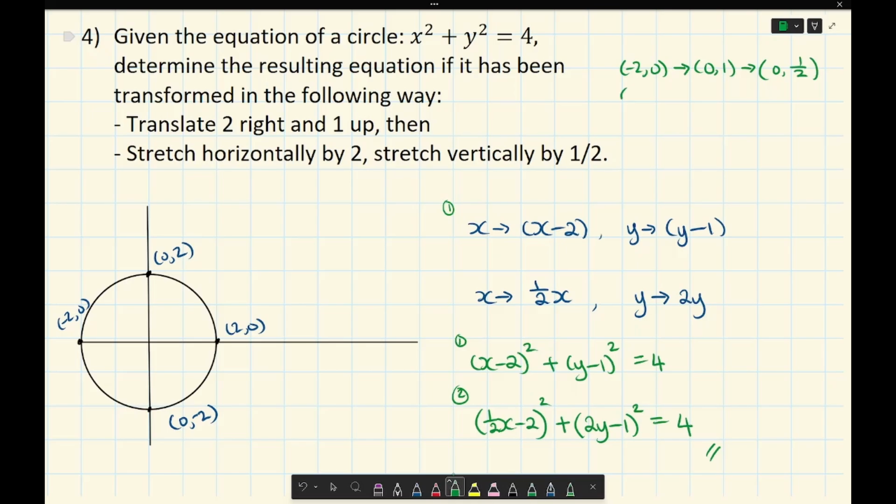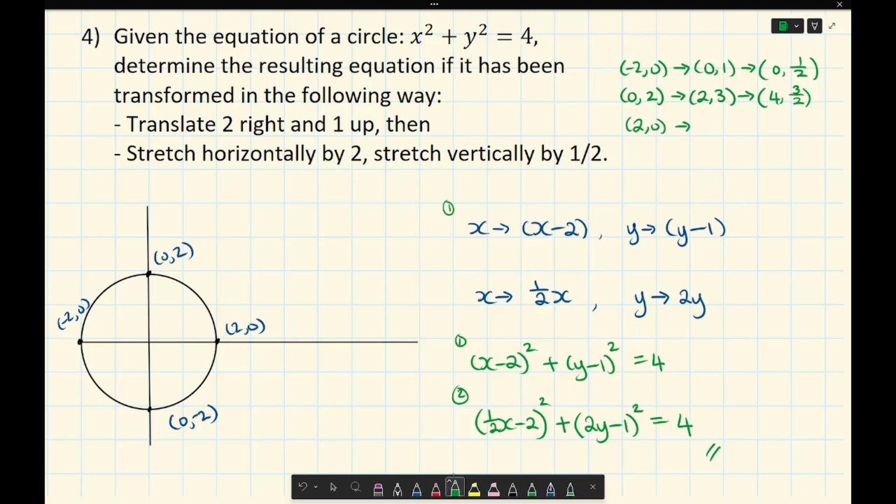Our second point is (0, 2). Perform our translations, and we're going to get (2, 3). Perform our stretches, and we get (4, 3/2). Our next point is (2, 0).